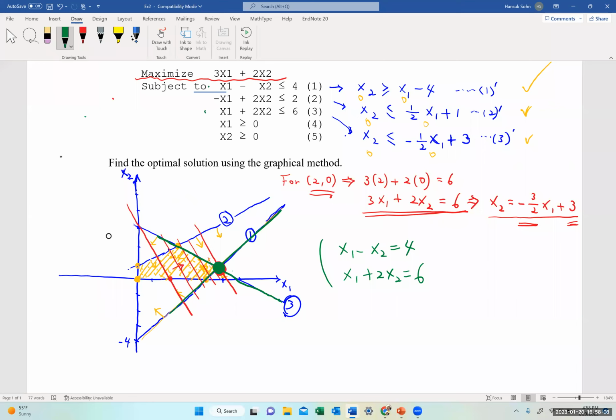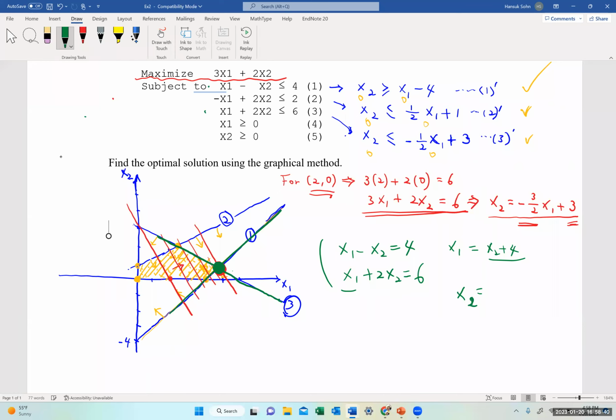From the first equation, x1 equals x2 plus 4. So instead of x1, I can use this, right? Substituting, x2 first.